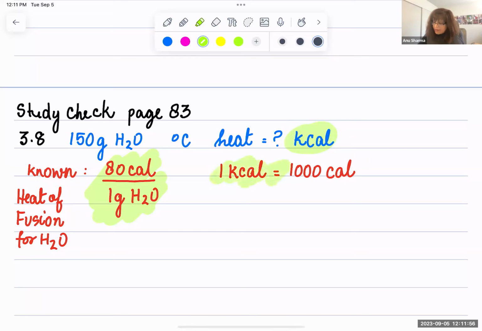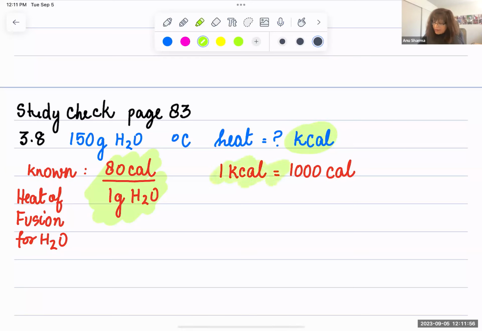Based on this, there are two conversion factors: 80 calories over 1 gram of water, or 1 gram of water over 80 calories.